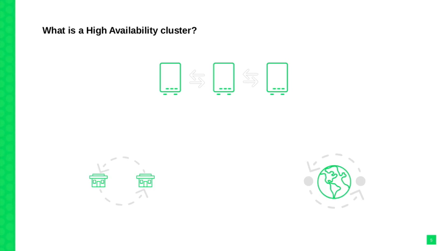But you can also stretch this to the metro level, as we call it, where you have two data centers within a distance of roughly 20 miles with a decent connection between them, so less than 15 milliseconds of latency, pretty much guaranteed. If you can fulfill those demands, then you can set up a metro cluster where you have one node in one location and another node in another location, and you mirror between them.